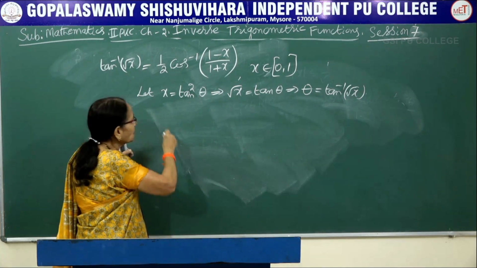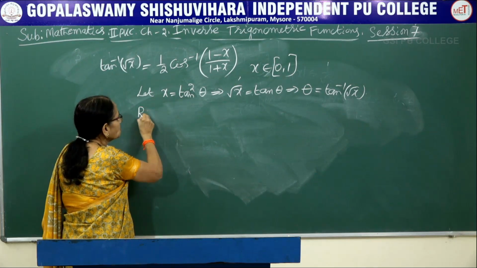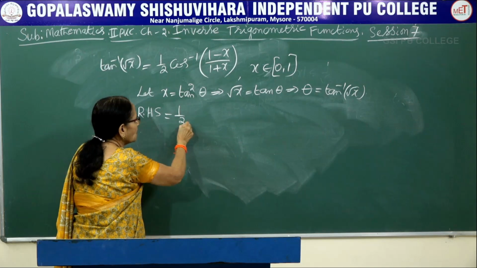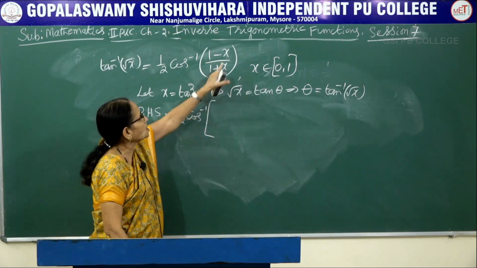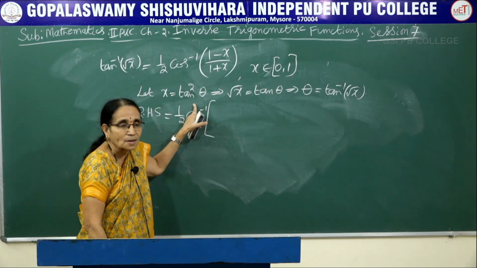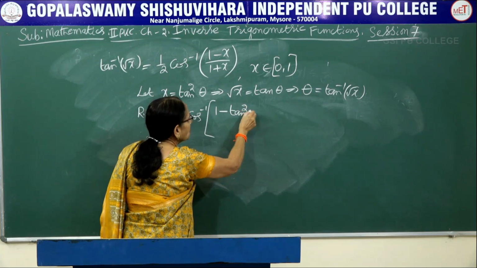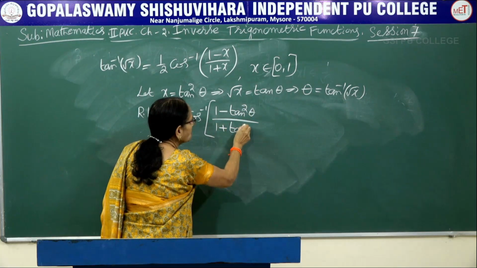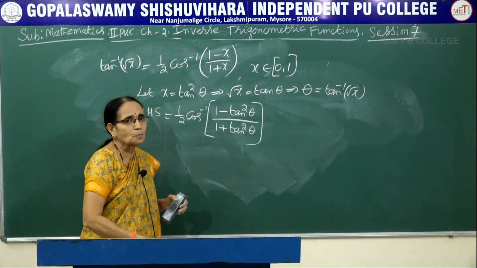Now let me make the same assumption on the right hand side also. So let me start with the right hand side. That is half of cos inverse of, what I have to write for x here is tan square theta, so (1 minus tan square theta) divided by (1 plus tan square theta). Now again we go to the first year PUC portion.